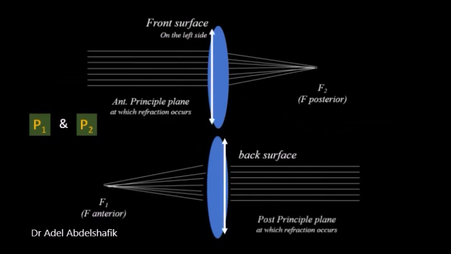The anterior principal plane, or P1, is in the front surface where refraction occurs. The posterior plane, or P2, is near the back surface. If rays coming from the right side, it will hit the surface and refraction will occur.